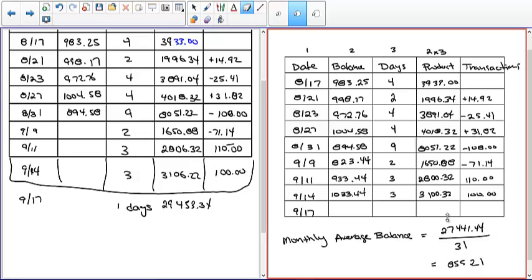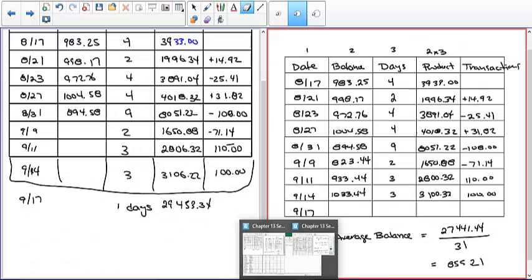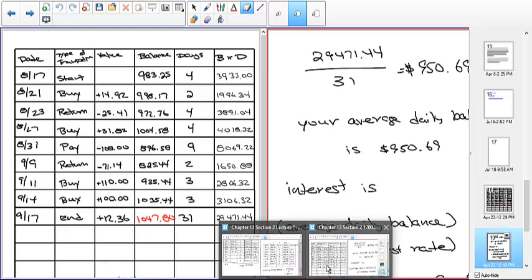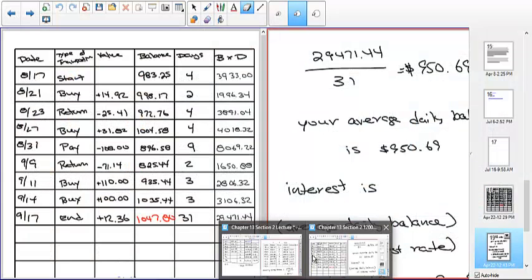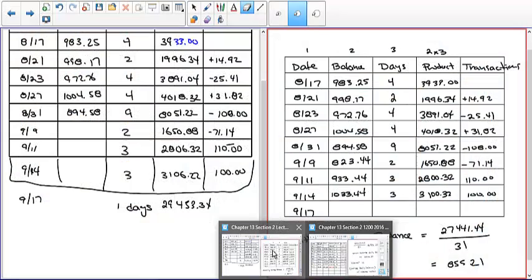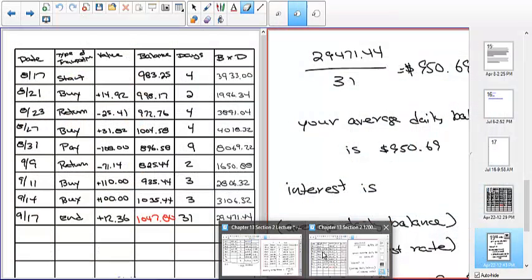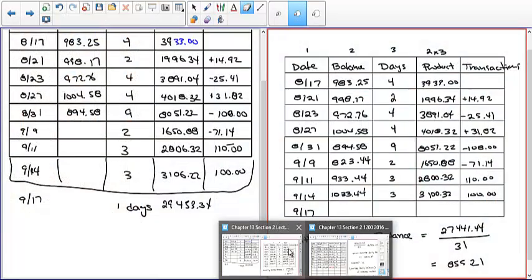Hold on, let me go back again. $71, $825, $823, $825. So which one is right? Actually, I think I did it wrong last time. So that's 825.40.